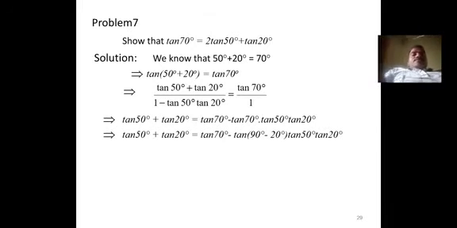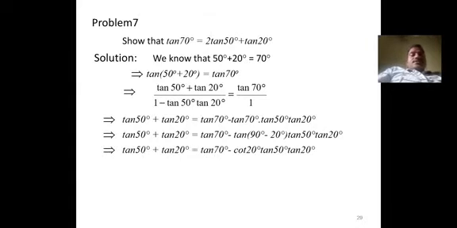Now here tan 70, you can write it as tan of 90 minus 20. So tan 50 plus tan 20 on the left hand side is the same as this. In tan 70, the first term is as this, but the second term tan 70 you can write as tan of 90 minus 20 into tan 50 tan 20. Tan of 90 minus 20 means it's cot 20.